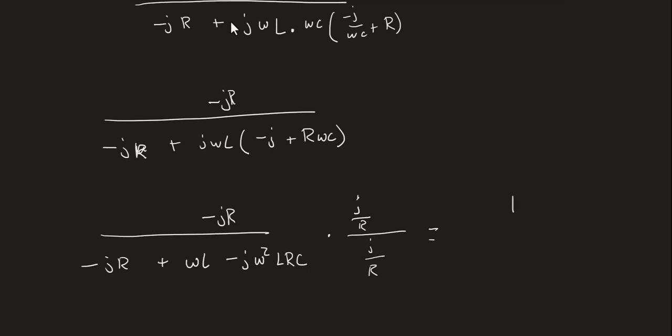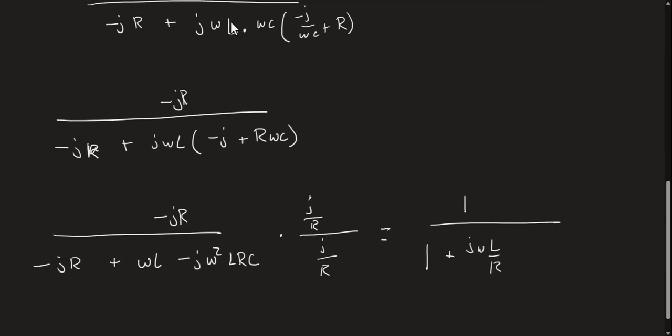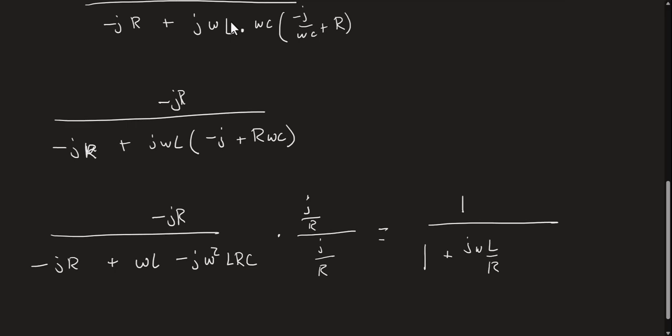So I get 1 in the numerator. In the denominator, I get 1, and then I get plus j omega L over R, plus omega squared LC.